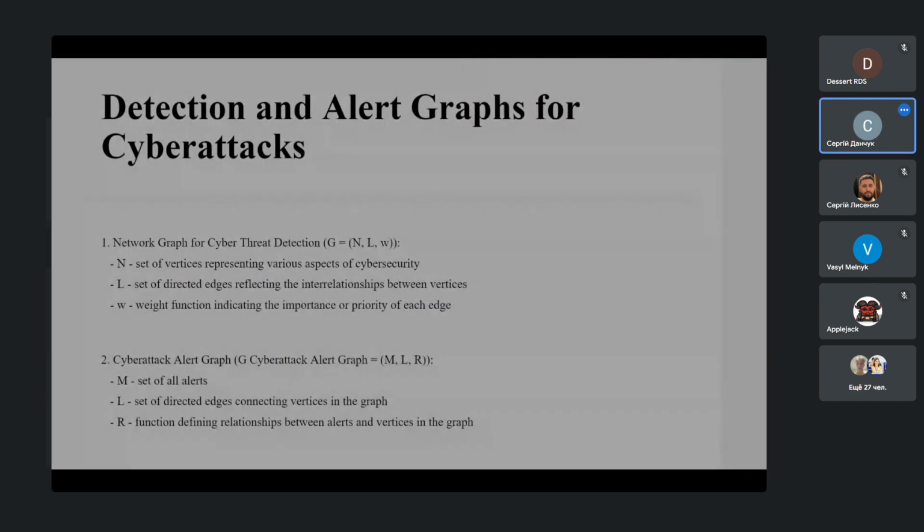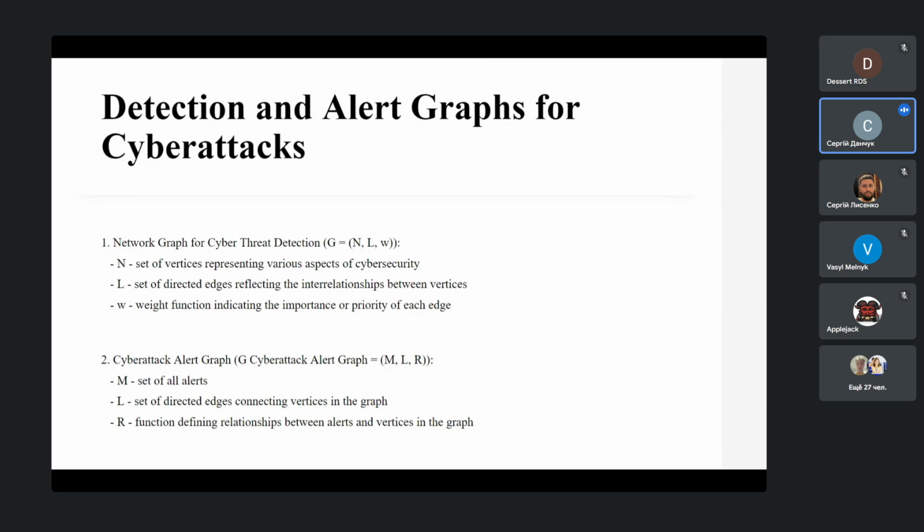The detection and alert graph for cyber attacks. Our method uses two types of graphs.